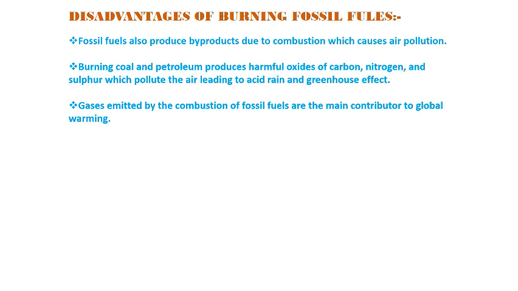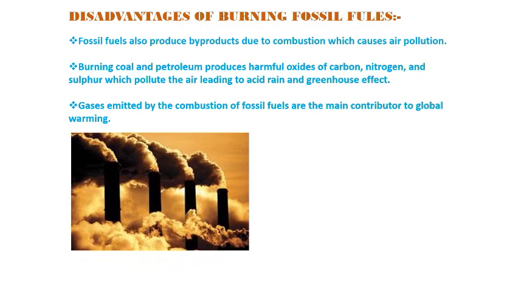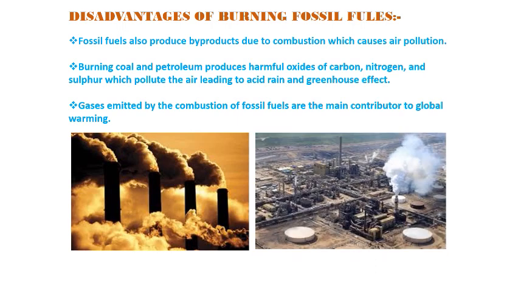So the main contributor of global warming is nothing but this fossil fuel only. So here is the picture which can show you this fact, this disadvantage. Really, it's a very harmful gas and it affects our environment. So these two are pictures of coal or petroleum industries.